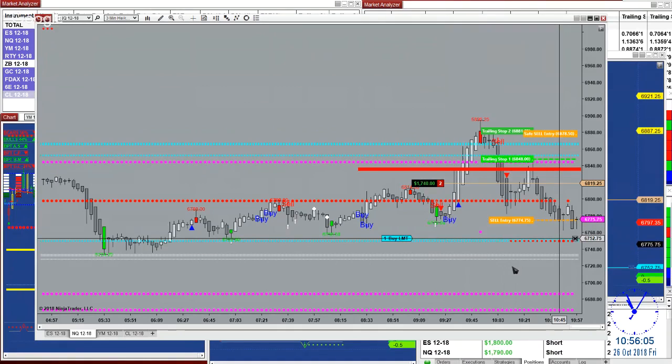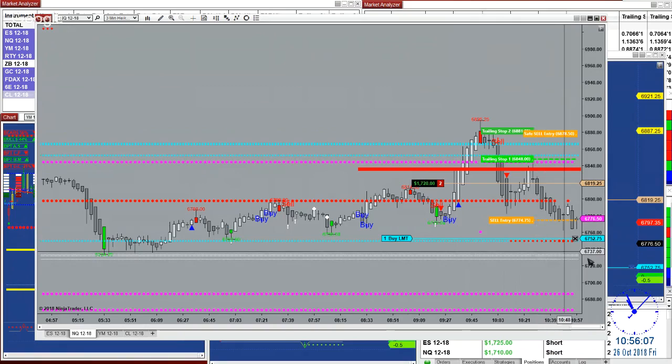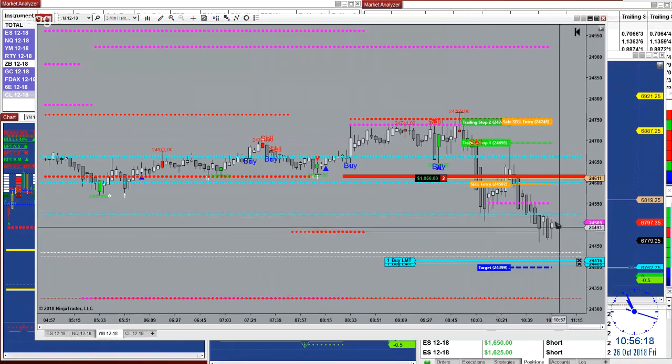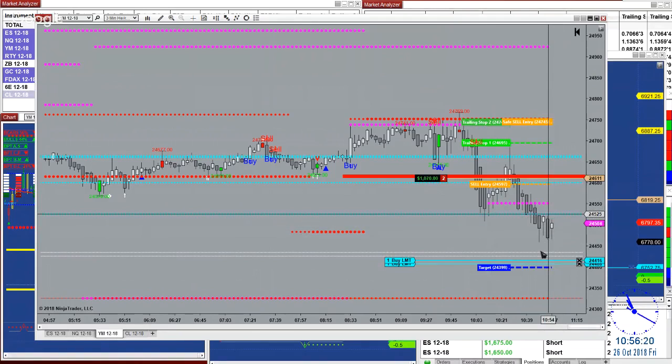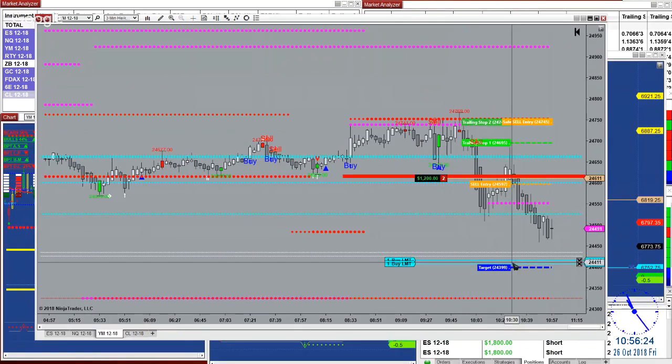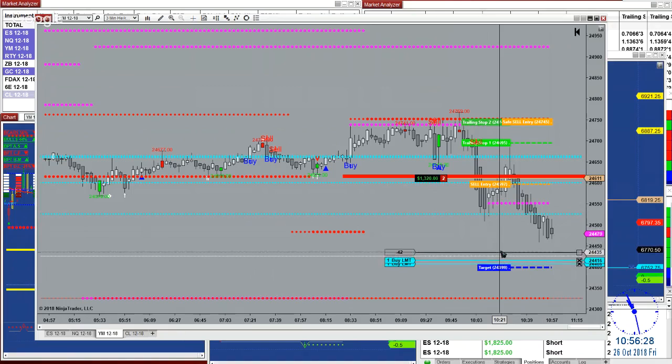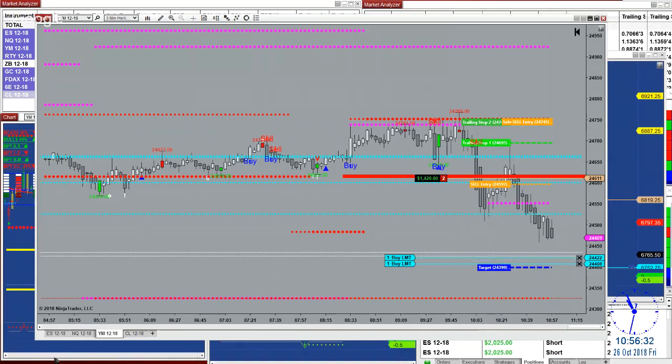You put one here and one here. We have two areas on the YM. Now this one becomes a resistance, and we have a double resistance right there. So we can put one above the line or leave it. Let's see what the ES is doing.